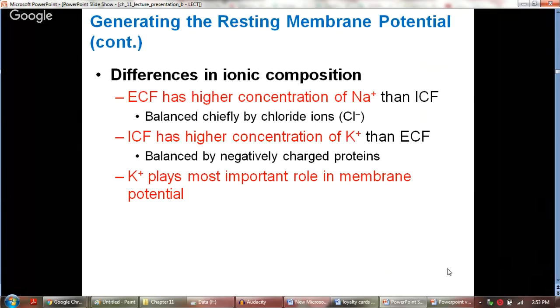Potassium, by the way, plays the most important role in membrane potential. So this could be a very good multiple choice point: if they ask what is the most important ion with regard to the membrane potential, it's the potassium ions.